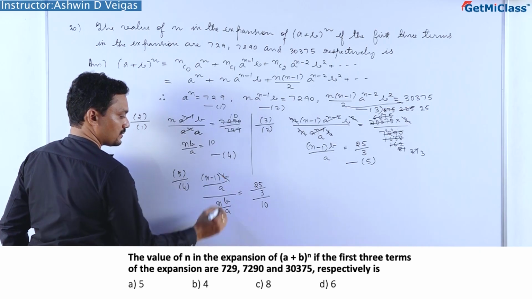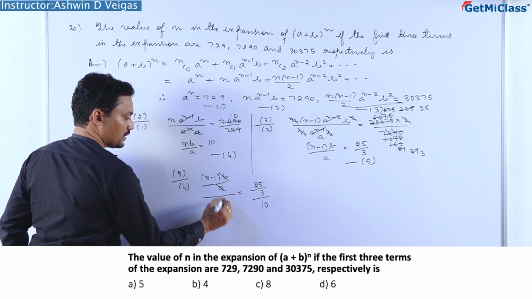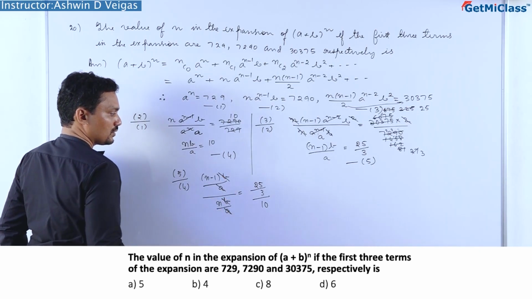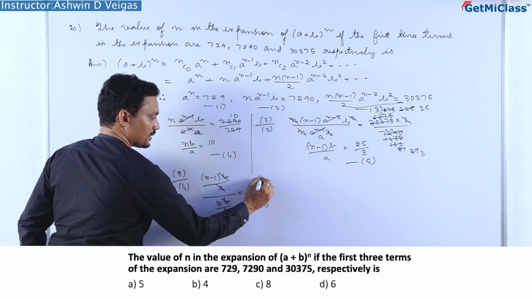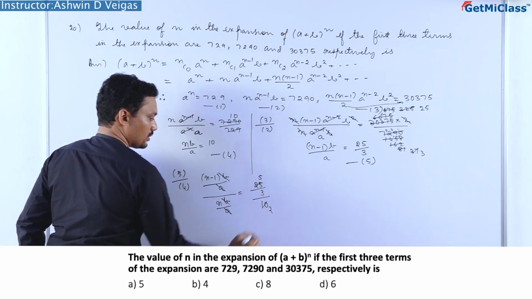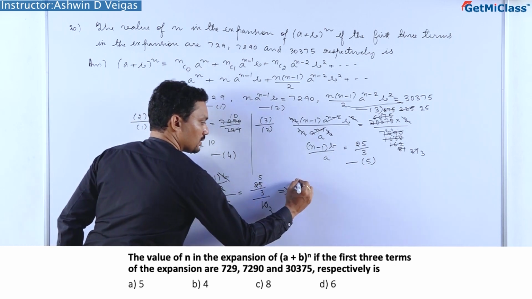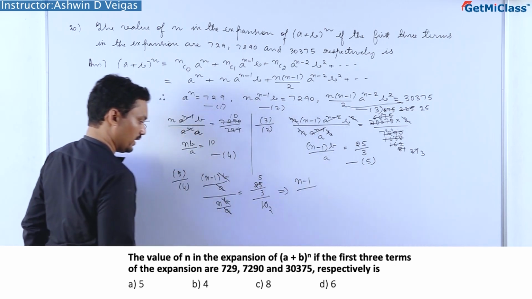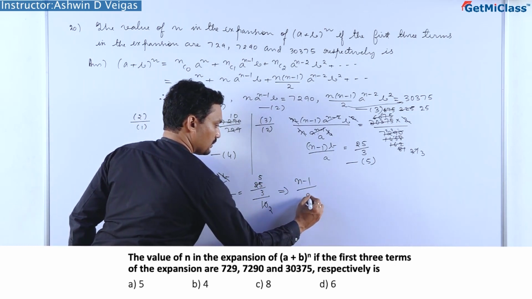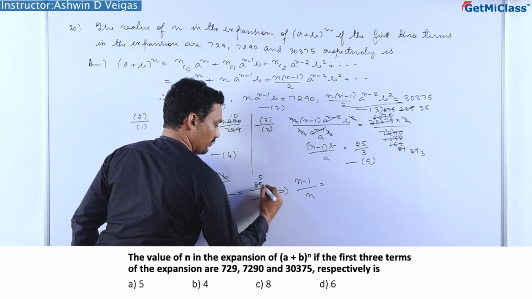So in this case b will get cancelled, a will get cancelled, and 5 you can cancel. So we are going to get (n-1)/n equal to 5/6.